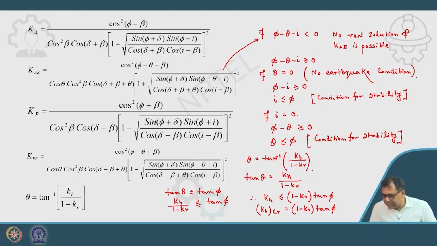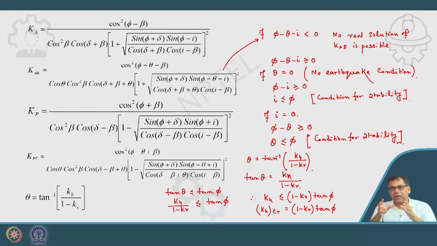So that you can check, if we do the analysis and the kh value you are using is greater than kh critical, then you will not get any solution. That means it is not a stable condition.